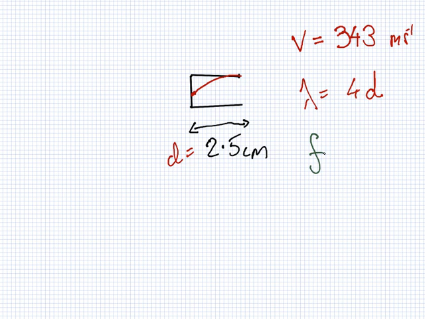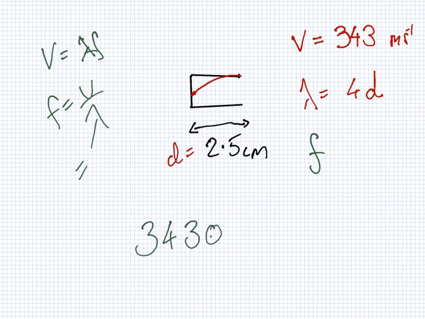Guys, come on, what's the frequency here? 4 times 2. What's the formula? Frequency is V over lambda. Yeah. So what did you get as the frequency? 34 hertz.